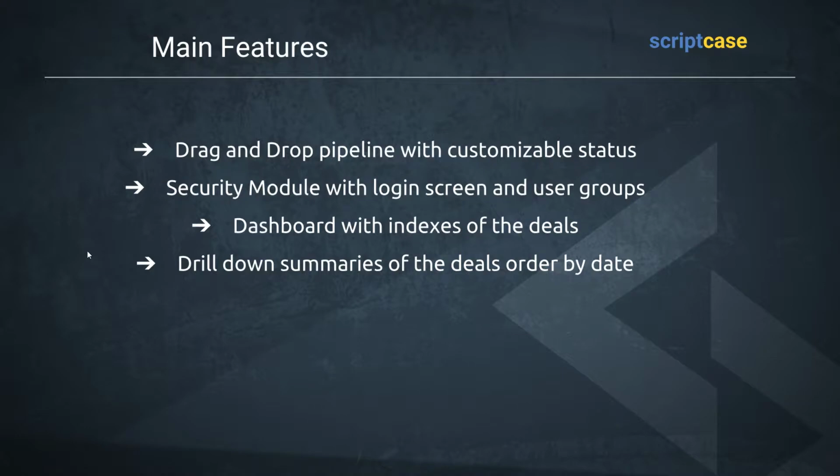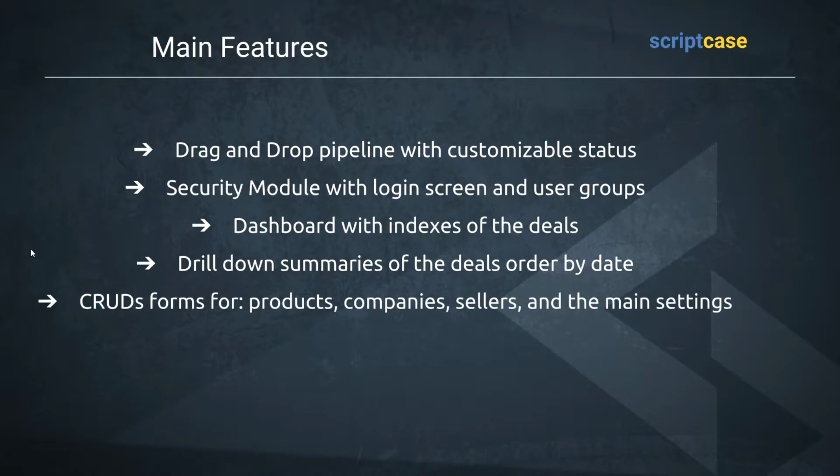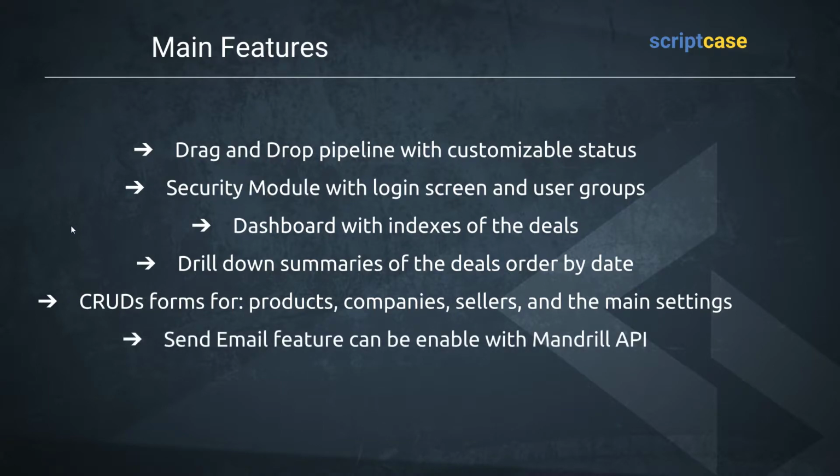We will have drill-down summaries of the deals ordered by date. We'll have different CRUD forms, including products, companies, sellers, and the main settings. And then we'll have a sending mail option, which could be enabled with the Mandrill API, all right?